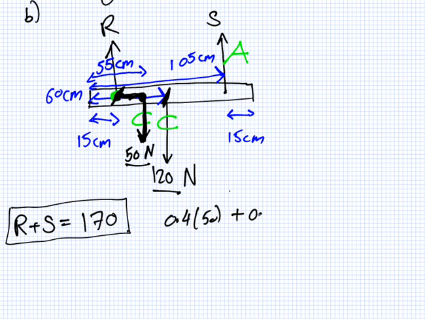Now what's the distance from here to the center? 120 minus 65. What is it? From here to the center. 45, because here to here is 60 and here to here is 15, so 45.